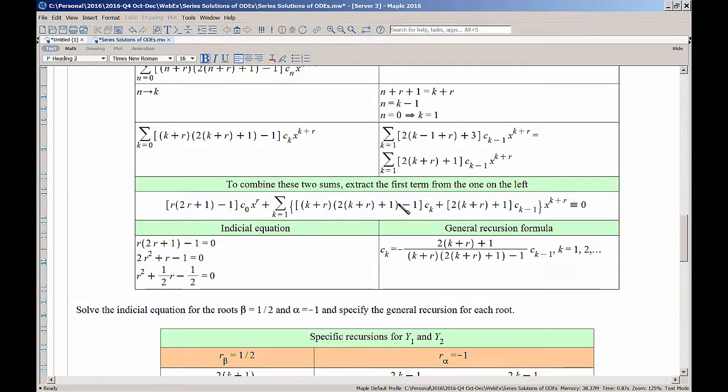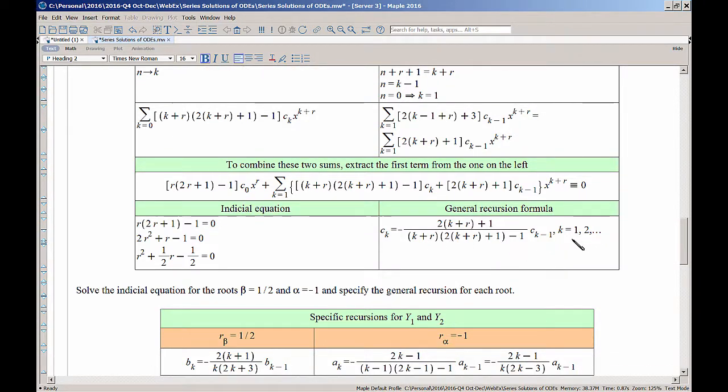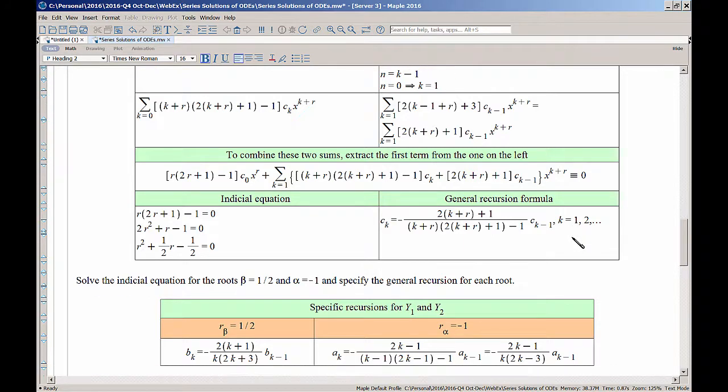So you take this stuff, set it equal to 0, and you solve for the highest ordered or highest indexed term. So ck is given in terms of ck minus 1. And this is in the numerator, and this stuff is in the denominator. And k will run from 1 going forward.